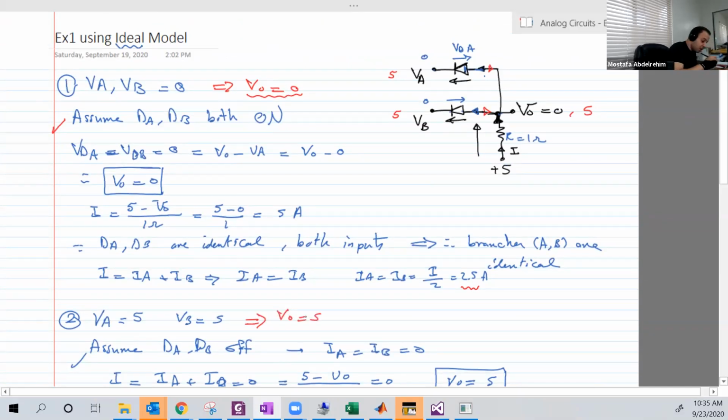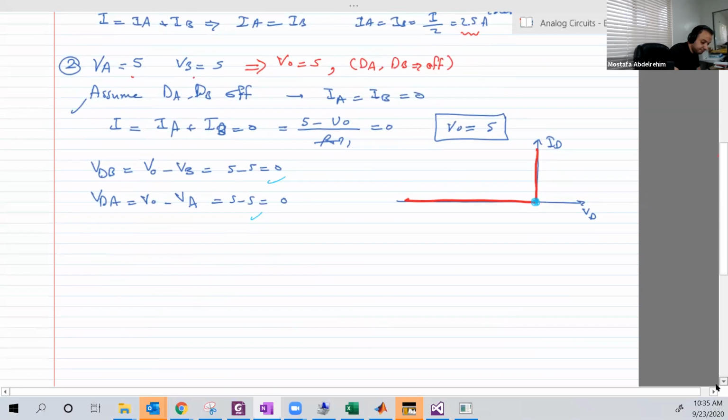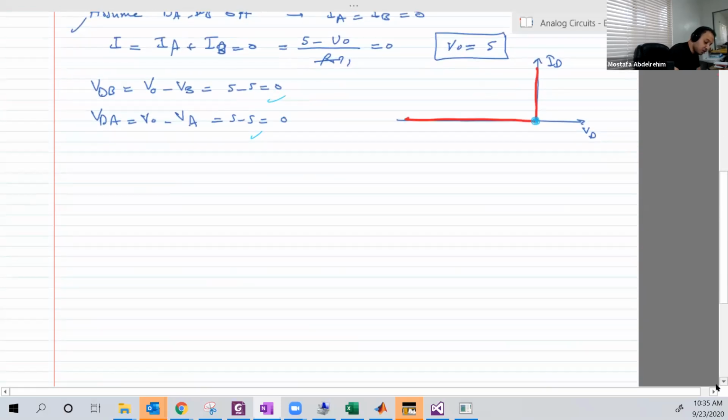One note here: with these two zeros, both diodes were on. With these two 5s, both diodes are off. So it looks like we now know the conditions that make which one on and which one off.